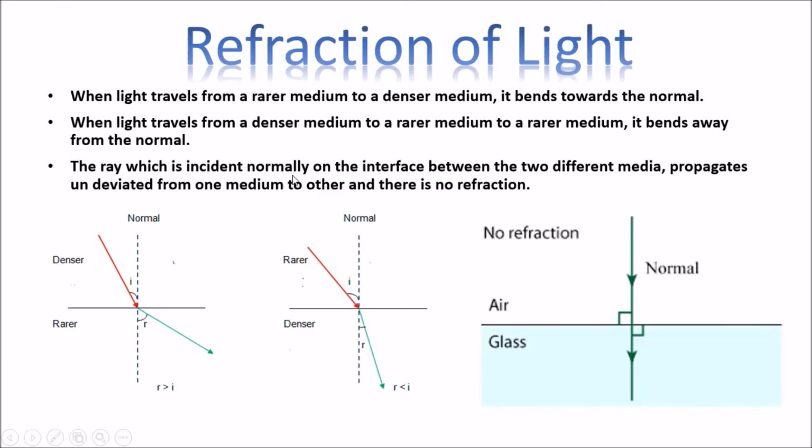The ray which is incident normally on the interface between two different media propagates undeviated from one medium to the other, and there is no refraction. You can see the third situation. As discussed, light going from denser to rarer, the angle of refraction is greater; light going from rarer to denser, the angle of refraction is lesser. So the summary is that the angle made by the rarer medium is always greater than the angle made by the denser medium. And when light is passing normally, there is no change in angle.